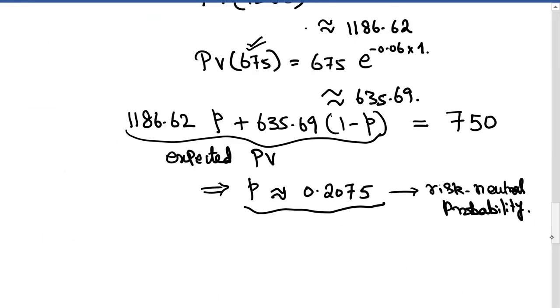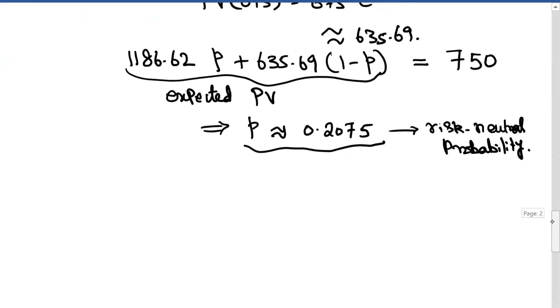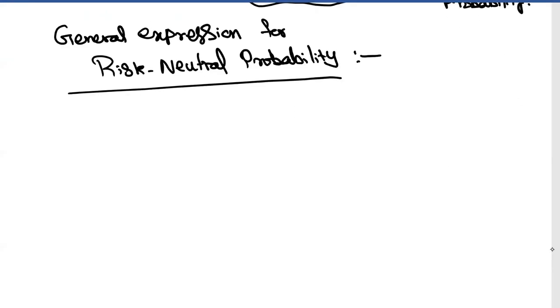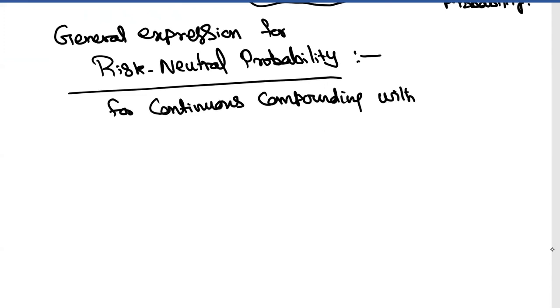Let us give a general expression for risk neutral probability. We will derive it for the continuous compounding with prevailing interest rate as R. Similarly, you can do it for discrete compounding also.